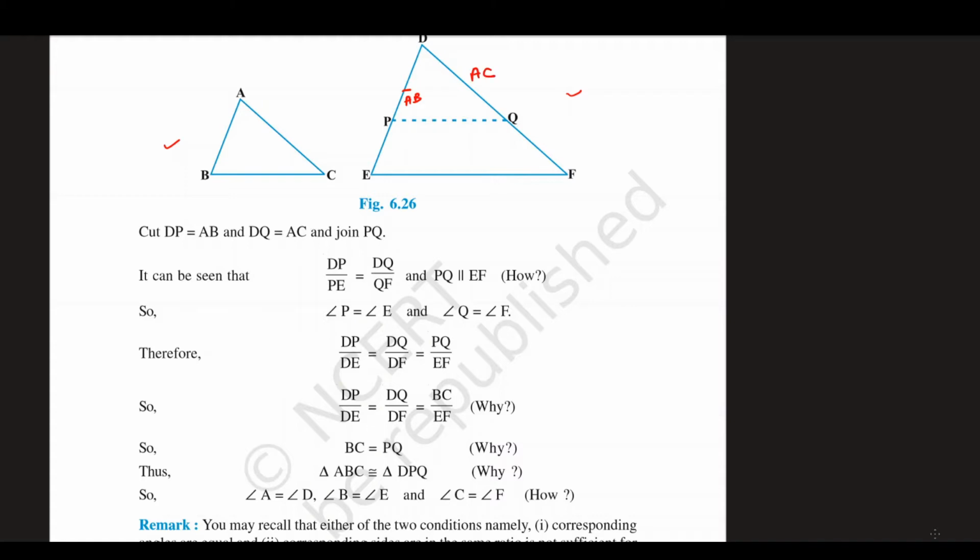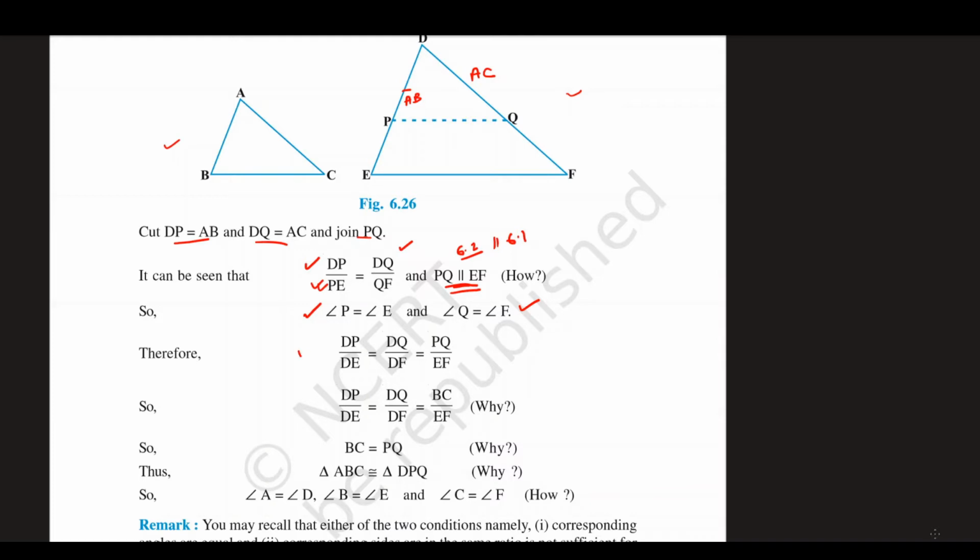Then join P and Q, and it can be seen that DP upon PE is equal to DQ upon QF, and PQ is parallel to EF. Why? Because this ratio is true, and from theorem 6.2 or 6.1 you can say that as PQ is parallel to EF, angle P is equal to angle E and angle Q is equal to angle F.